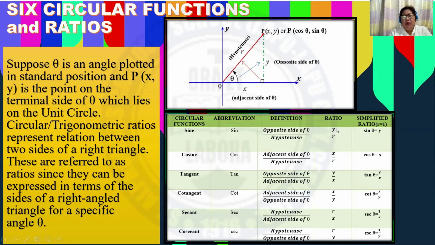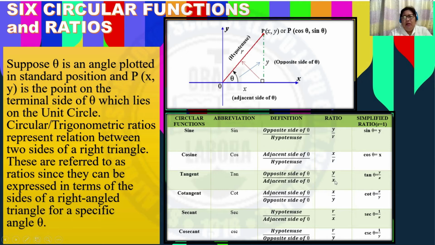And the ratio equivalent in terms of x, y, and r. For sine, we have y over r, wherein r is equivalent to 1, so sine theta is just simply equivalent to y. For cosine, we have x over r, and r is equal to 1, so cosine theta is just simply equivalent to x.